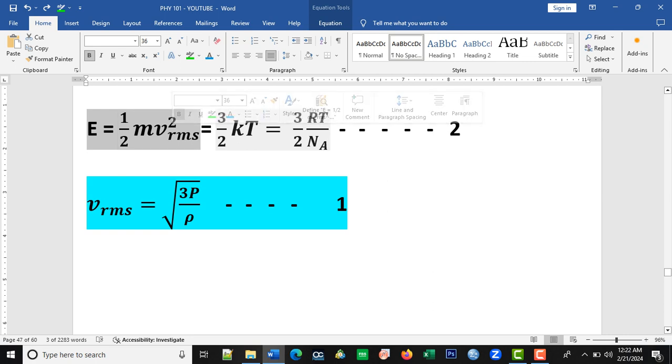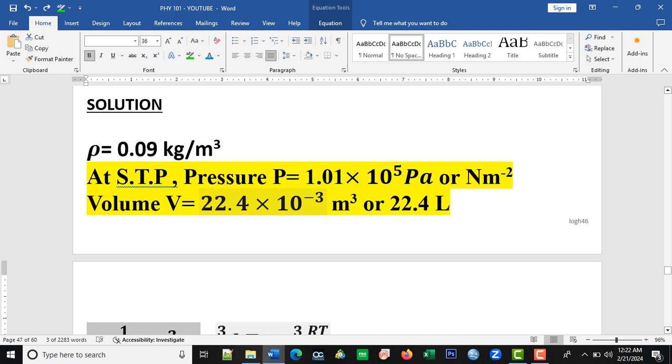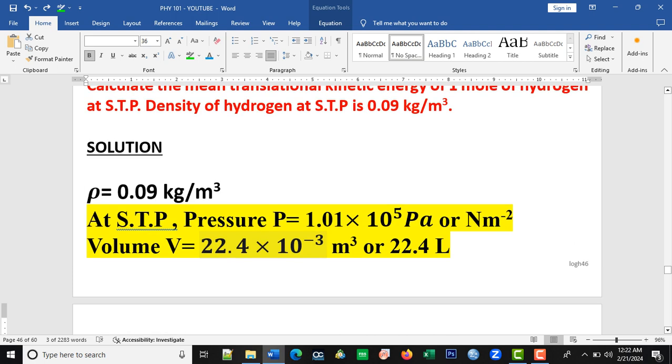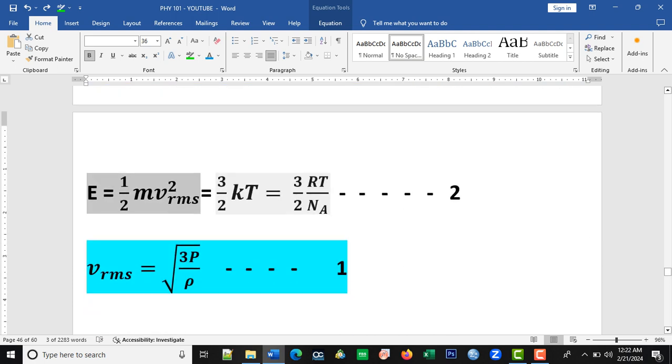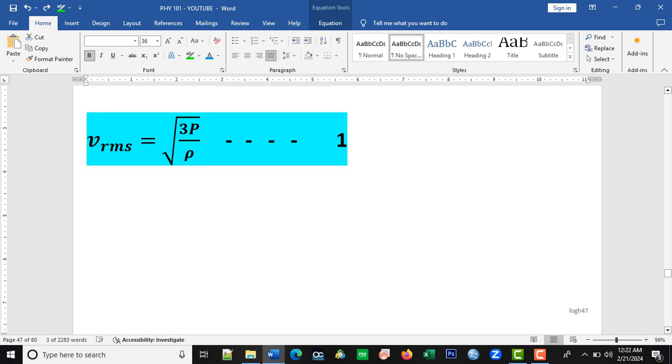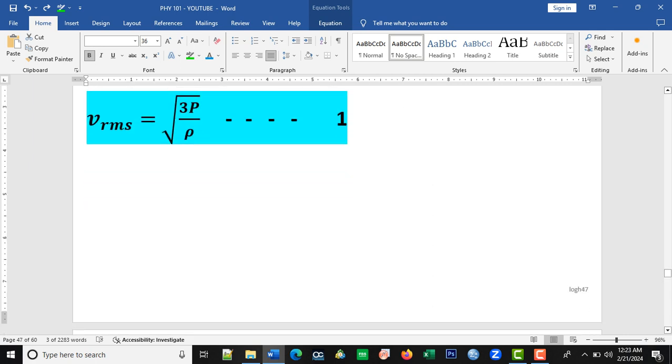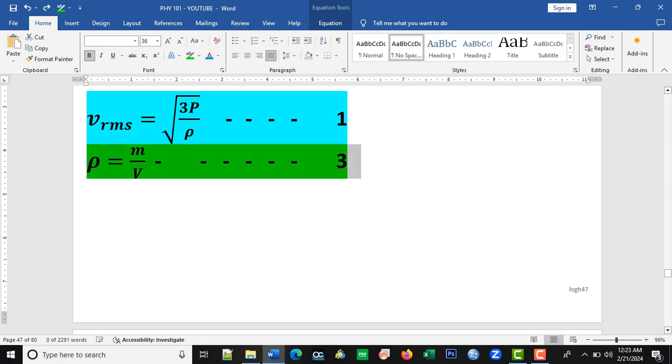If this one can give us the velocity, because we have the pressure and the density from the equation. Look at density here and the pressure. We still have to think whether we can come up with the mass, but remember they gave us density, and then density is equal to mass over volume.